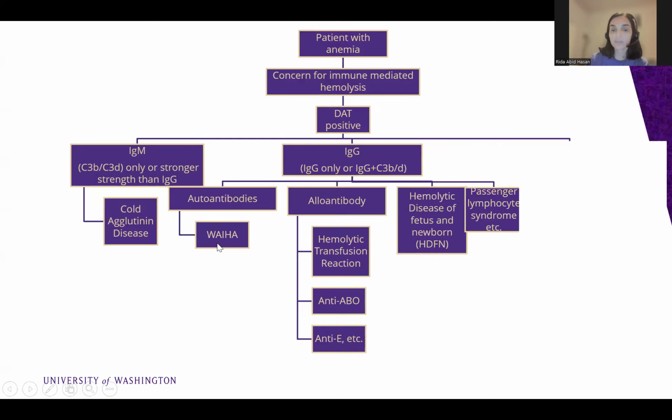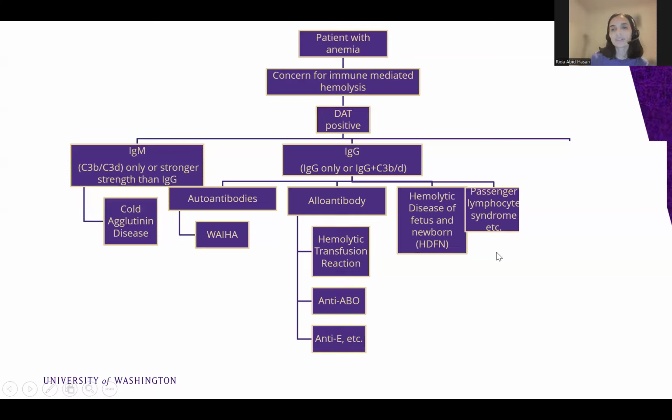We're thinking warm autoimmune hemolytic anemia, but you can also have alloantibodies that can be positive for IgG. So we don't think about this as much on the autoimmune side, but these can cause pretty significant hemolysis. So having a hemolytic transfusion reaction, or specifically due to ABO antibodies or against other alloantigens on the red cells. You can also have things like hemolytic disease of the fetus and newborn, passenger lymphocyte syndrome.